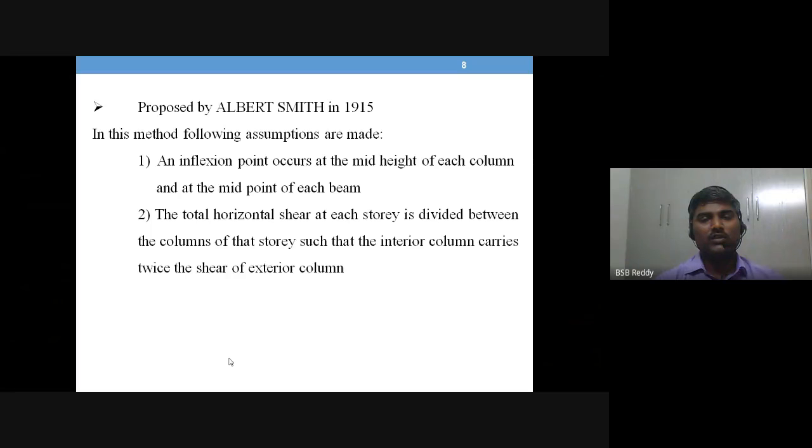The first one is common for both methods, either the portal method or the cantilever method.